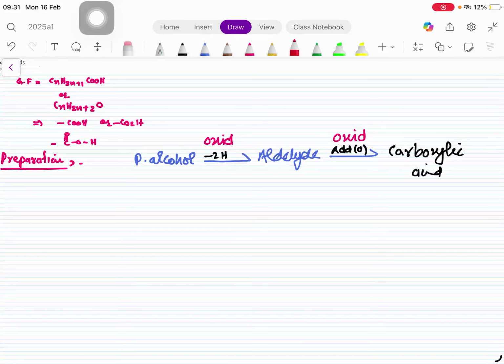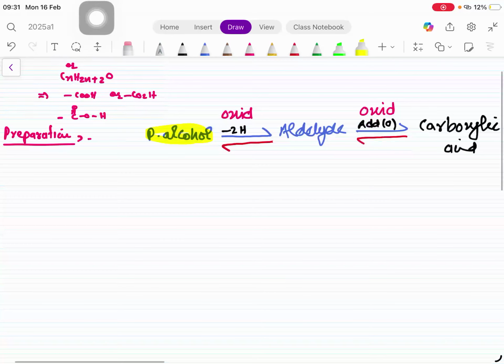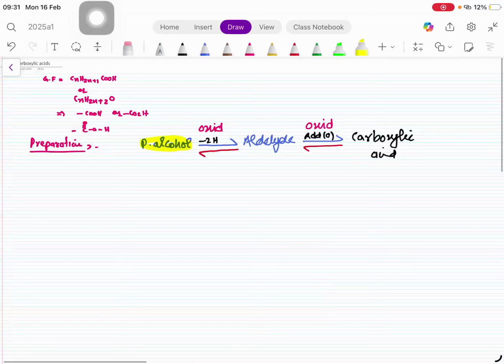Similarly, if you get this reduction, तो क्या बन जाएगा? Aldehyde, and get this reduction, तो क्या बन जाएगा? Primary alcohol. So basically from here I'm going to deduce कि what is the method of preparation for the carboxylic acid? एक क्या है? Oxidation of aldehyde, oxidation of primary alcohol.